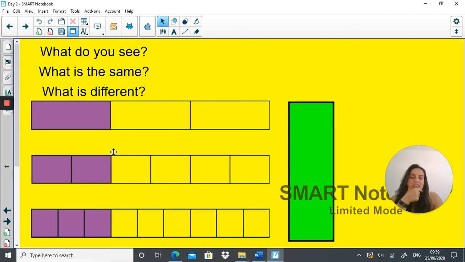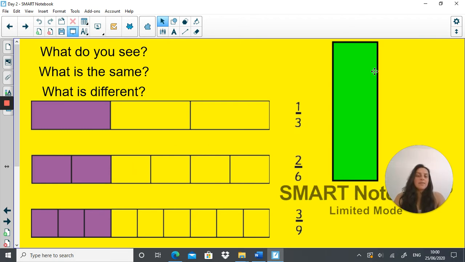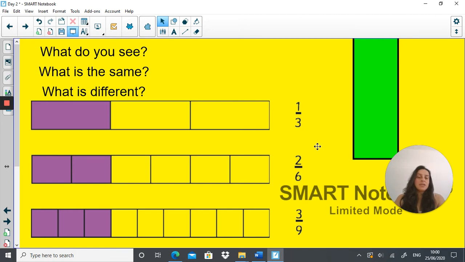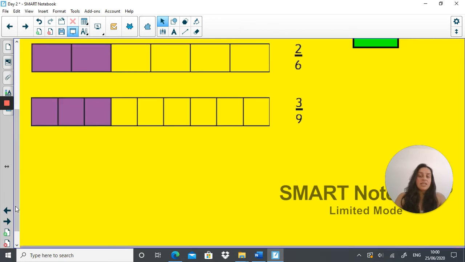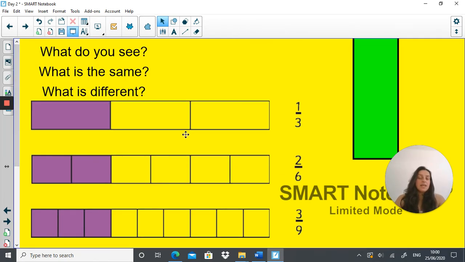What's been shaded in is equal even though each rectangle is different. So how would we write these fractions out? This one would be 1/3. This one would be 2/6, and this one would be 3/9. 1/3, 2/6, and 3/9 are equivalent fractions because even though we're using different numbers, they have the same value, as you can see from this diagram here.